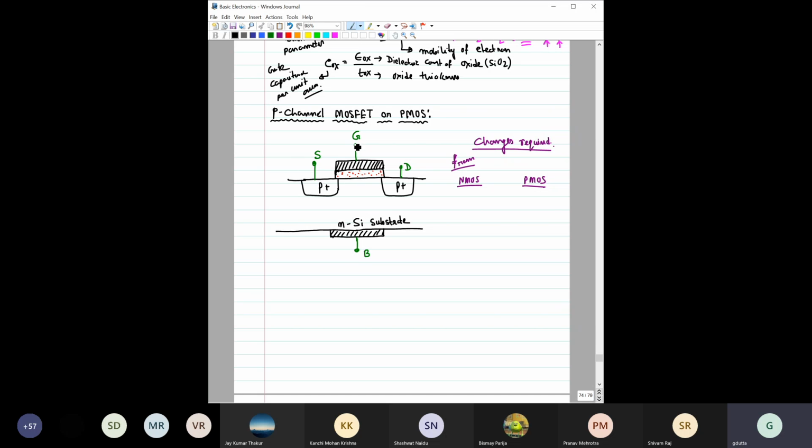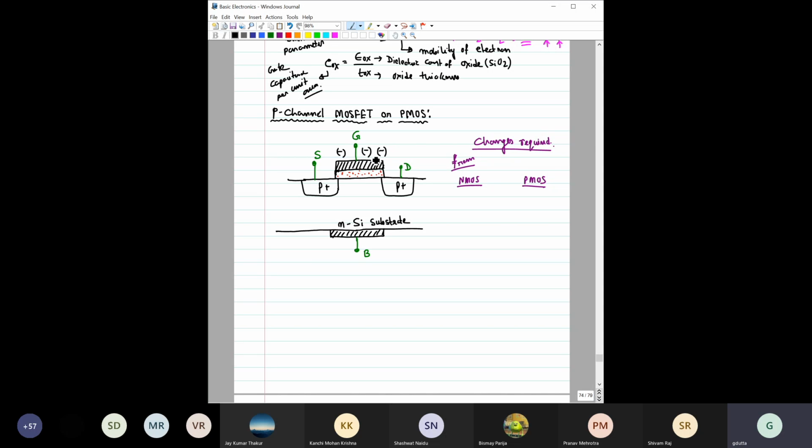So here, how will this channel form? To attract holes at this interface, what we have to do? Here holes are the minority carrier. So to pull the holes near this interface, obviously you have to apply negative bias. When you keep on increasing this negative bias, first again there will be depletion, but no threshold, means current will not flow, right? Similar discussion as we have done for the N-channel MOSFET.